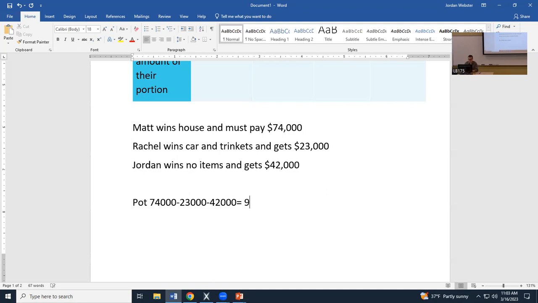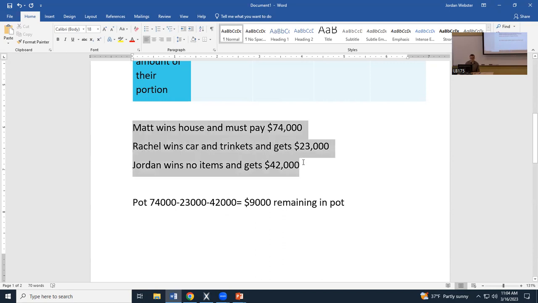That means there's 9,000 remaining in the pot after all that exchange is done. So at this stage, everybody has what they believe is their fair share monetarily, and we have 9,000 left in the pot.